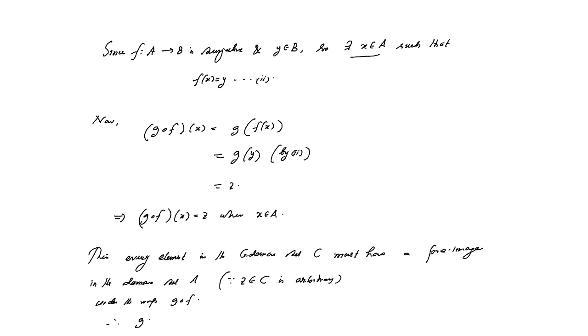So g composed f, the map from A to C, is surjective. That means we have proved that the composition of two surjective maps is surjective.